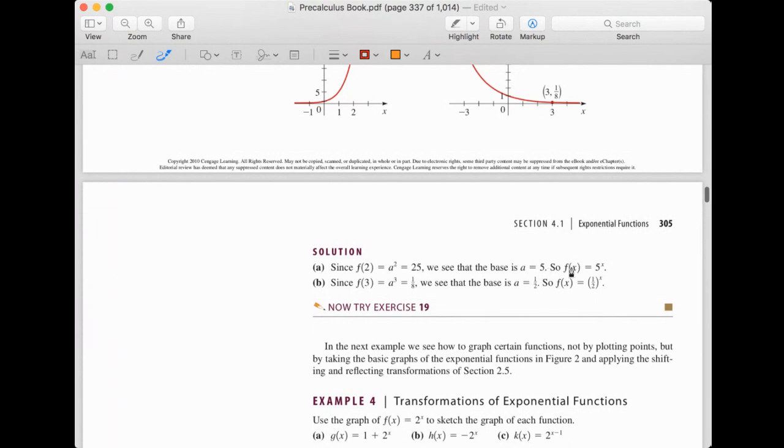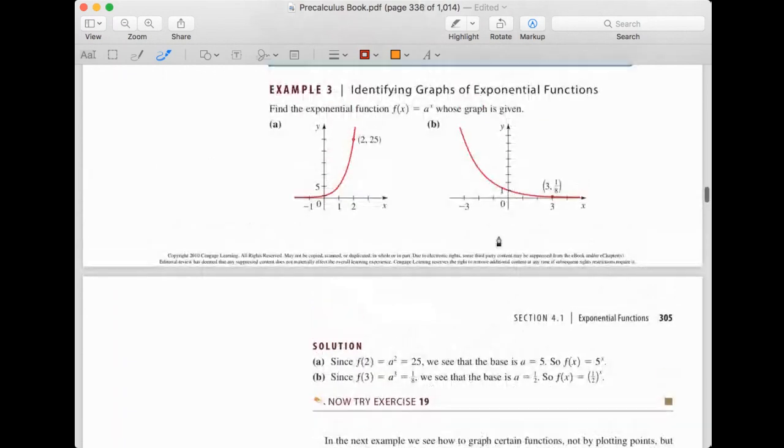That means the base has to be 5. 5 raised by x. If x is 2, that's 5 raised by 2, 25. F of 3 equals another base raised by 3 equals 1/8. Taking the cube root of both sides, we have half. So the function equals half raised by x. So this is the graph of half raised by x. This is the graph of 5 raised by x.